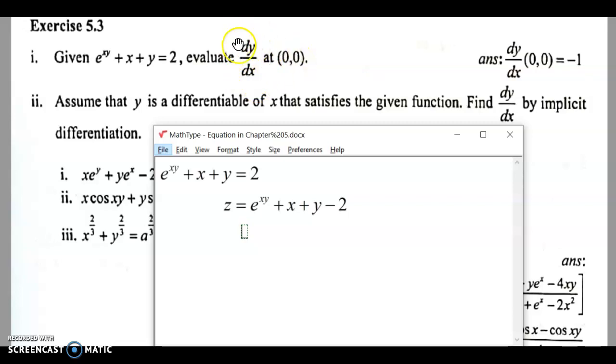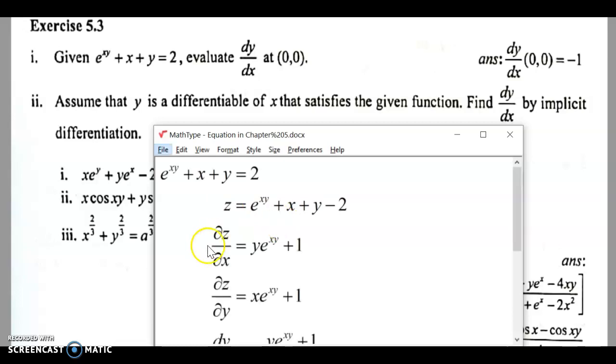So first let's find dy over dx for these functions. As I said, first let's make it equal to 0 by moving 2 to the left hand side. You'll get these functions, which is also equal to z. So now that we have z, we can start looking for the partial derivatives.